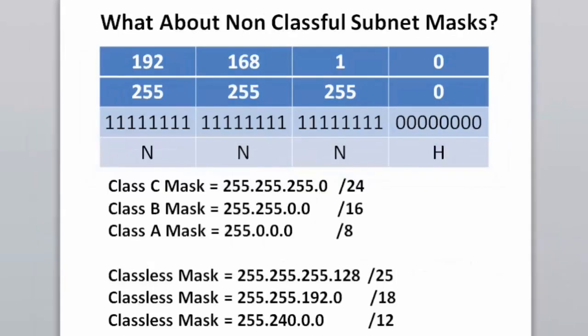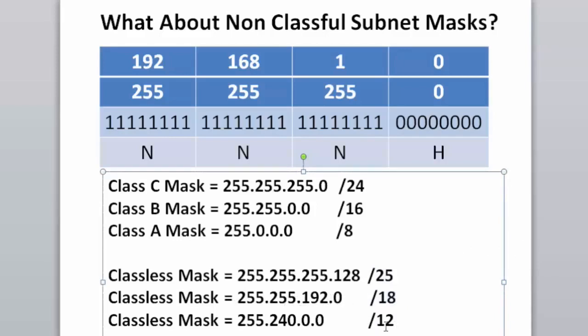What about non-classful subnet masks? We've seen that the Class C subnet mask is /24, the Class B subnet mask is /16, and the Class A subnet mask is /8. But what if we use classless masks? In other words, what if we have a /25 subnet mask or a /18 subnet mask, creating a 255.255.192.0 subnet mask?